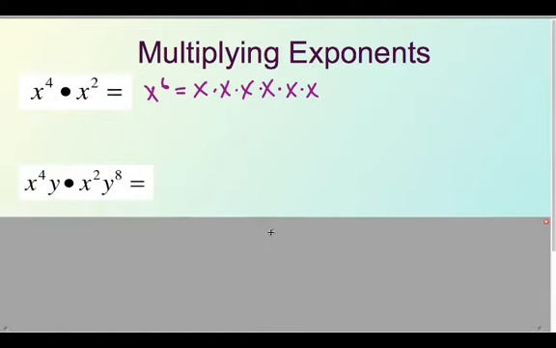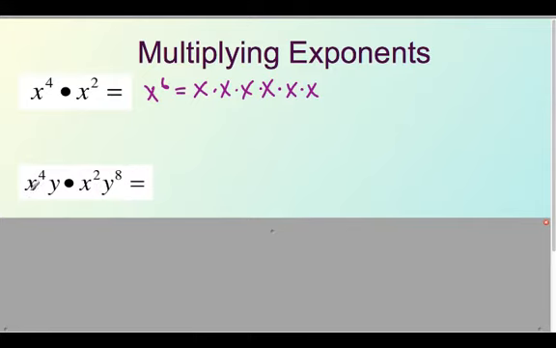As long as the base is the same, we can put them together. This is kind of like combining like terms. We're going to put together our x's and our y's. Now let's remember though, combining like terms is when you're adding different terms together. This is multiplying exponents. It just happens to be very similar.